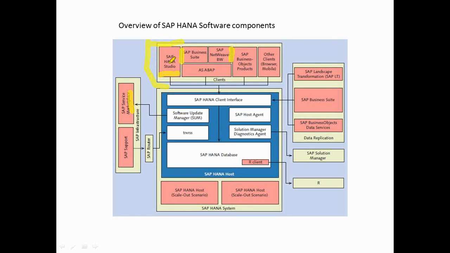We'll see how HANA works in HANA Studio. We'll also see Eclipse on Business Suite, how it works and how it connects. Just leave all these things. So this is our HANA database. Any UI or client, just like we have a presentation server in our R/3 server, similar to that we have different clients here, the front end and the presentation part.